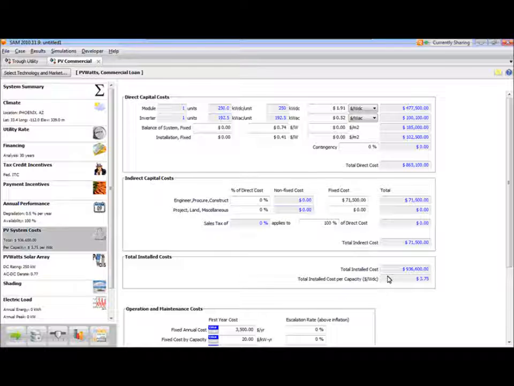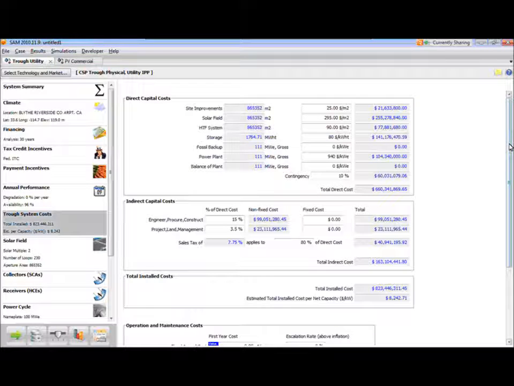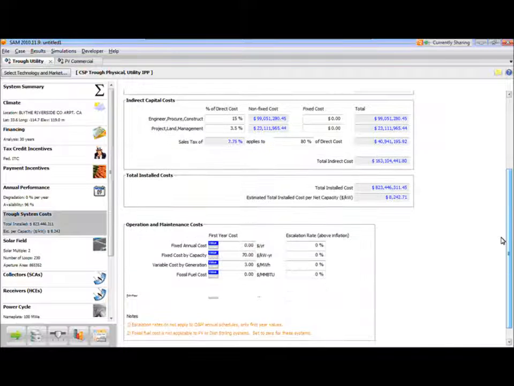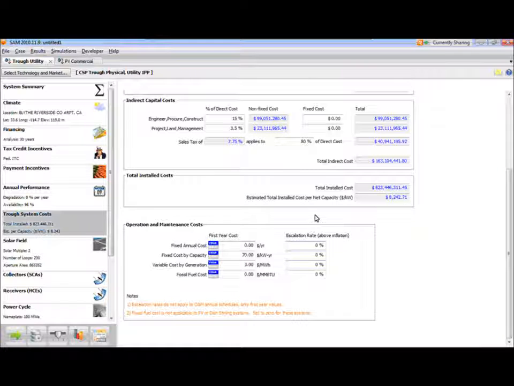So for the PV system, same thing. Total install cost is the important number. That's installation costs. For operating costs, the installation costs all occur at the beginning of the project, and then the operation and maintenance costs are costs that occur throughout the project, throughout the analysis period.